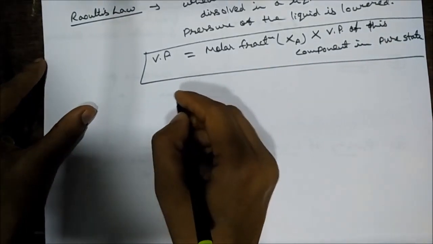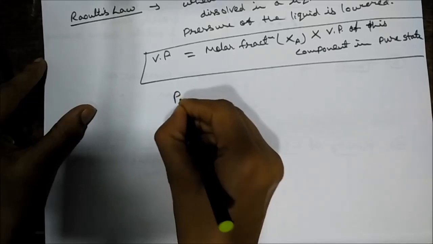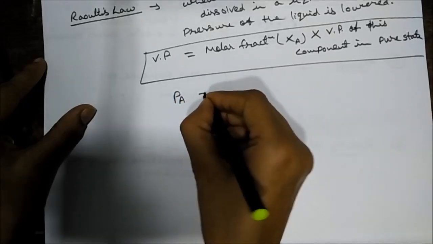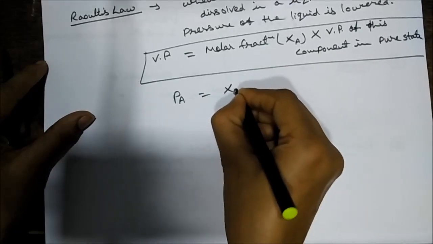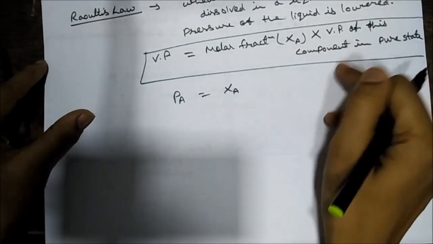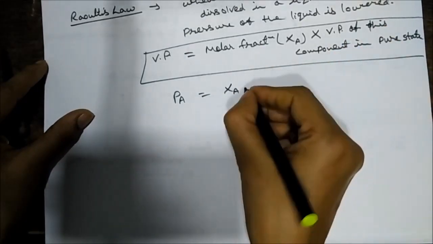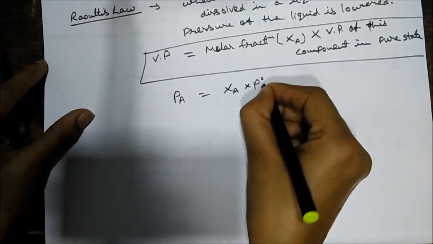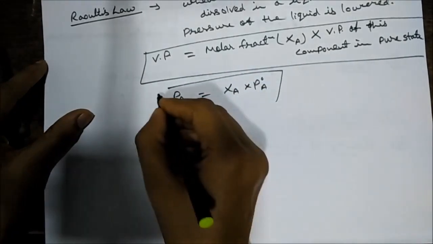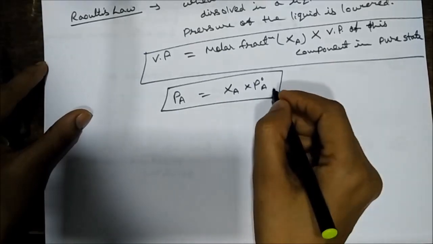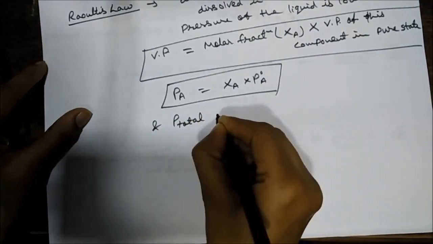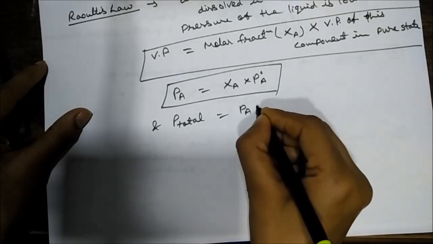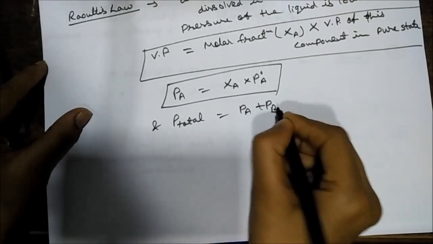We can write: if the vapor pressure of component A is Pa and the molar fraction is Xa, and the vapor pressure of this component in pure state is P naught A, then Pa is equal to Xa into P naught A, and P total will become Pa plus Pb.